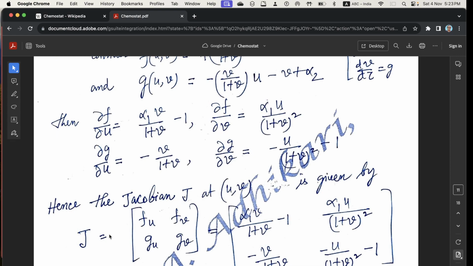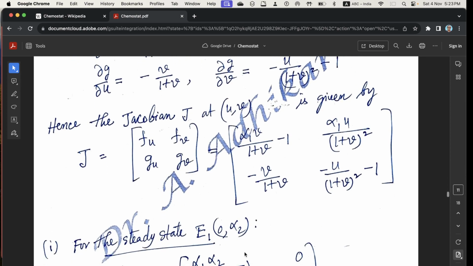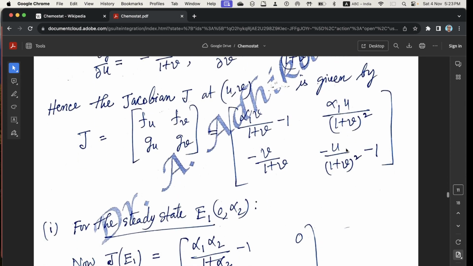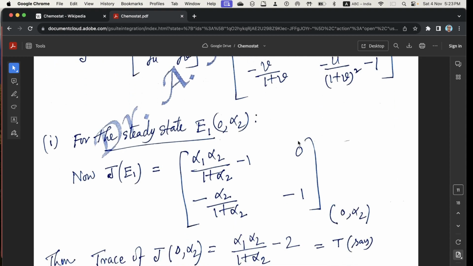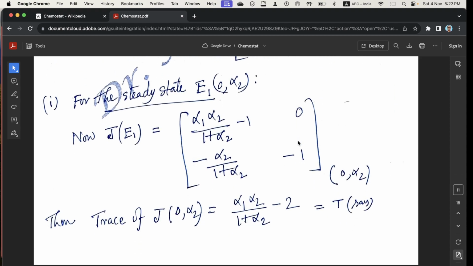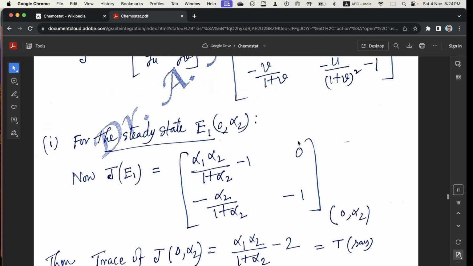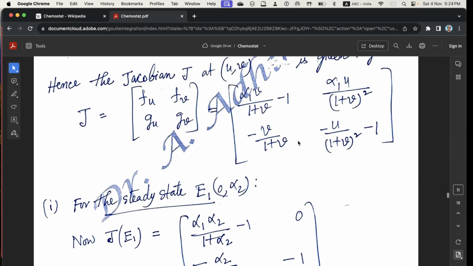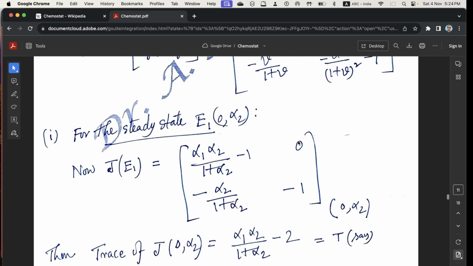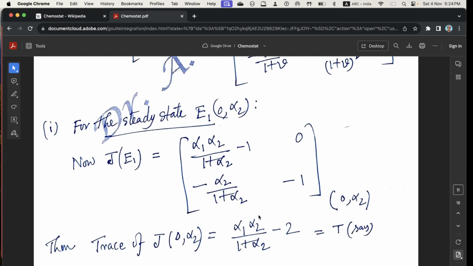Then the Jacobian J equals del f del u, del f del v, del g del u, del g del v. So we get the Jacobian is this, and for stability of the state E1, 0 comma alpha 2, we put u equal to 0 and v equal to alpha 2, and then we get this.